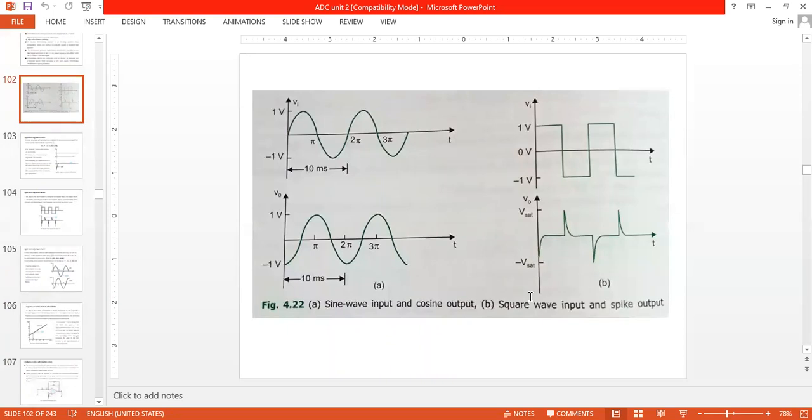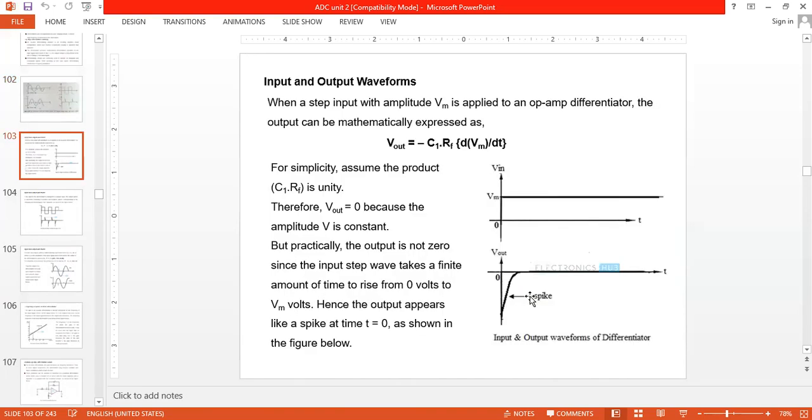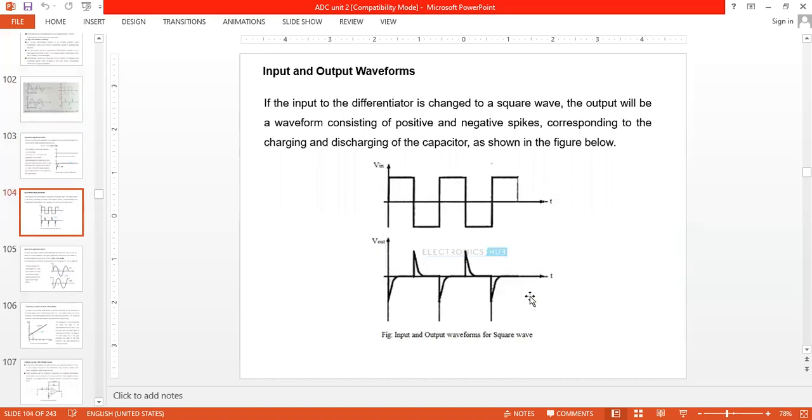If you give a square wave, the output will be a spike wave. So this is the input and output waveform of the differentiator.